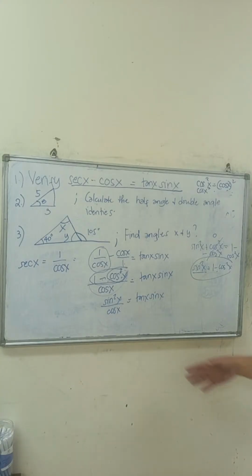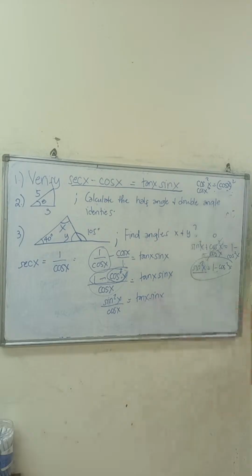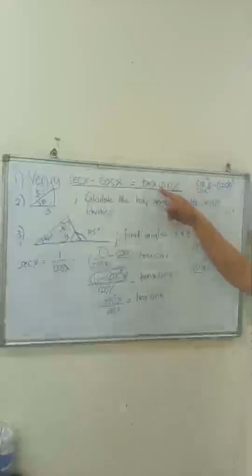So you need to change sine squared x over cosine x to something in which you can obtain tangent x on the right. Or you can also translate tangent x to sine x and cosine x to prove it, and later it will come back to tangent x. It depends on how you do the attack, as long as it is equal to tangent x sine x.